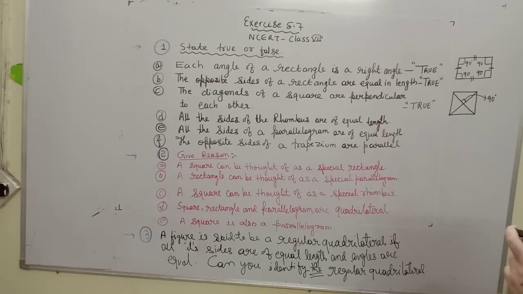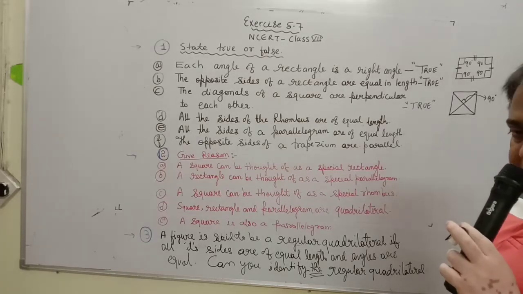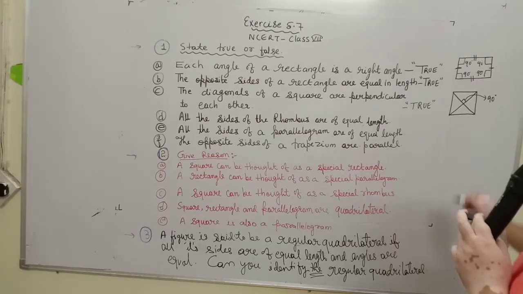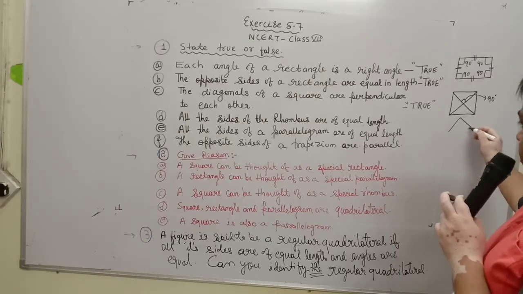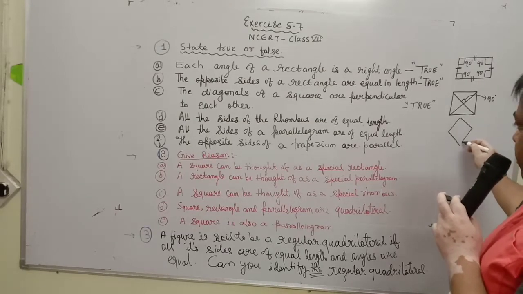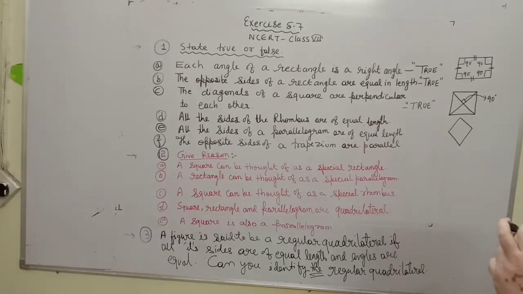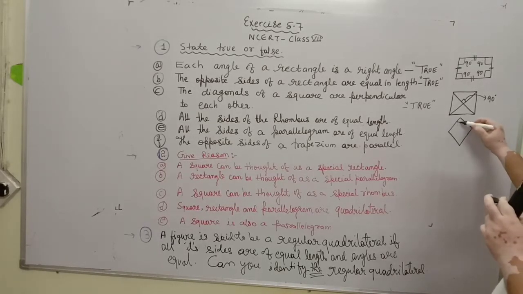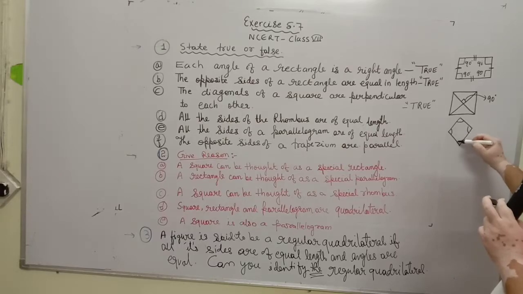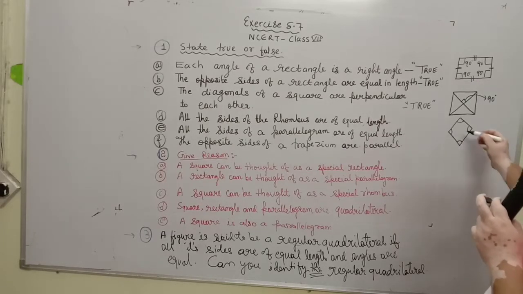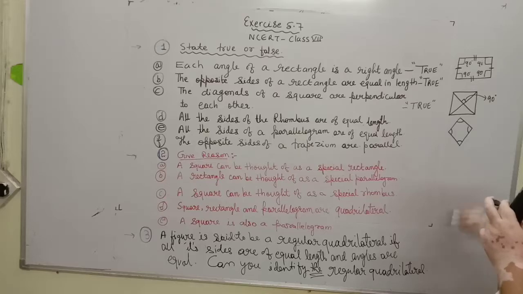All the sides of a rhombus are of equal length. What is a rhombus? A rhombus is a quadrilateral with 4 sides and it looks like a kite. In a rhombus, it is not necessary that these angles will be 90 degrees, but overall all these 4 angles together should be equal to 360 degrees.